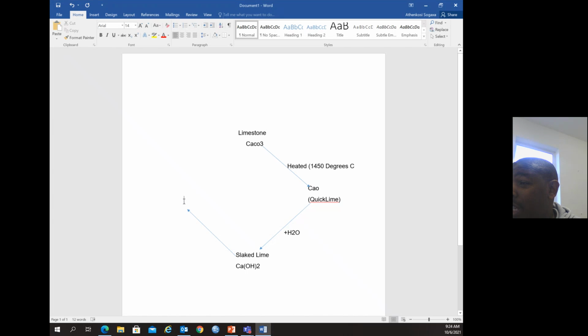It will be wetter than slaked lime. Therefore, you get lime water, which is also indicated by calcium hydroxide, Ca(OH)2, and is indicated by aq.